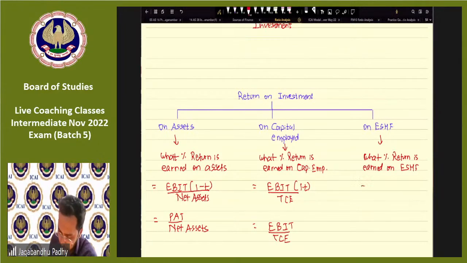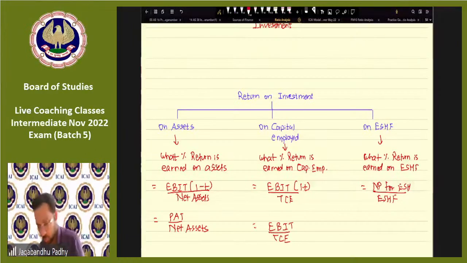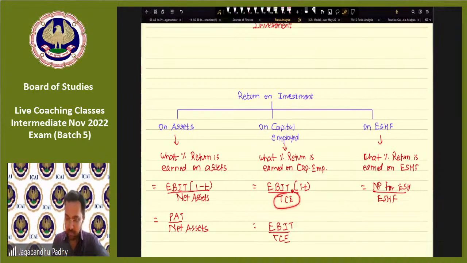And return on equity shareholders' fund, we say it is net profit for equity shareholders upon equity shareholders' funds. Now, these all are the ratios which tell you what percentage return you are earning on that investment. On overall investment, what is the return? On equity investments, what is the return? On total assets that you have invested, what is the return?